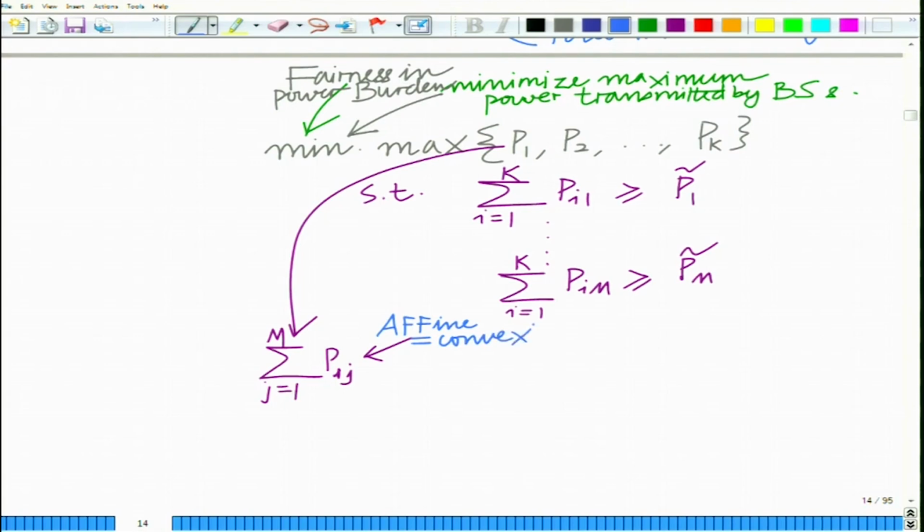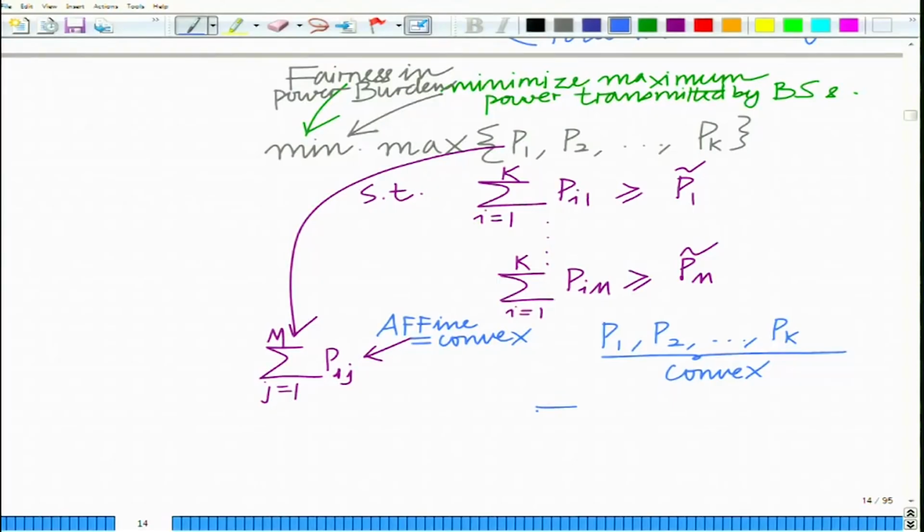Okay. So, each of these P1, P2, Pk, each of these powers is convex, all right, and therefore, when you take the maximum of this, remember the maximum of a set of finite or infinite convex functions is convex, all right, and therefore, the maximum of this set is convex.